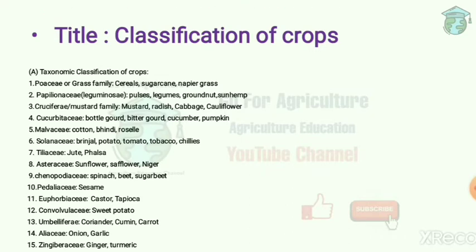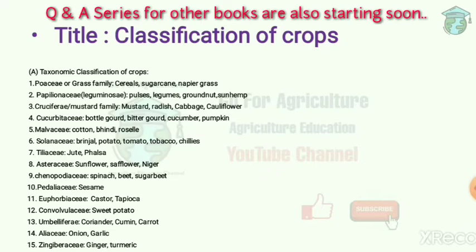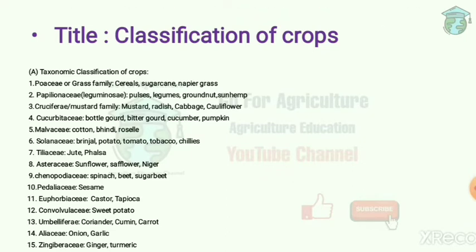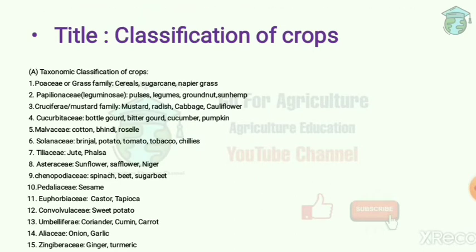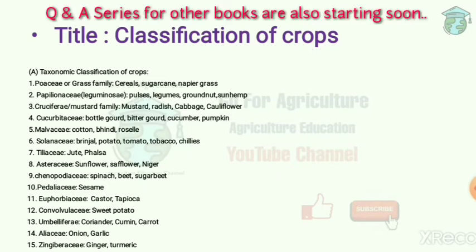Next one, Pedaliaceae. In this, sesame, that is sesamum, is in this family. Next, Euphorbiaceae. Crops are castor, tapioca. Then one very important question is Convolvulaceae. In this, sweet potato is classified. Next, Umbelliferae.